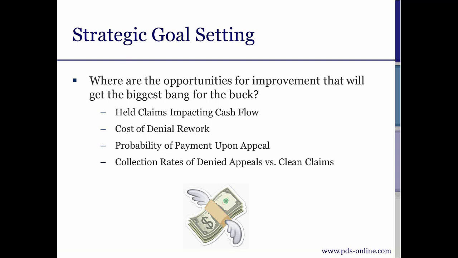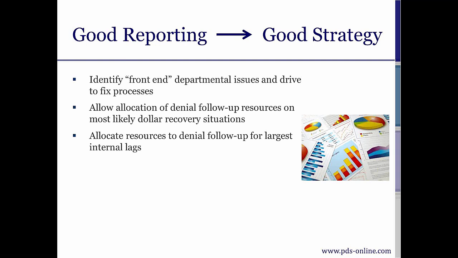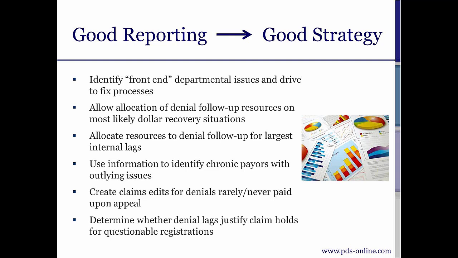So what we can see here is that through the reporting and analytics that are available, we can formulate good strategies in our organization. And to just sum up, I'll talk about a couple of different areas that we found through our clients that have helped them out and things that they were able to implement. I've talked about this throughout the presentation, but identify things that your practice or your organization is doing that sabotages your own denials.